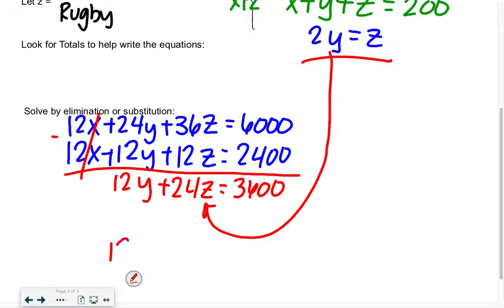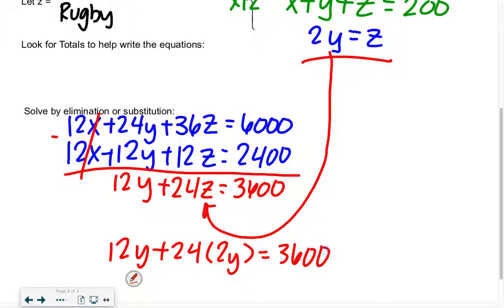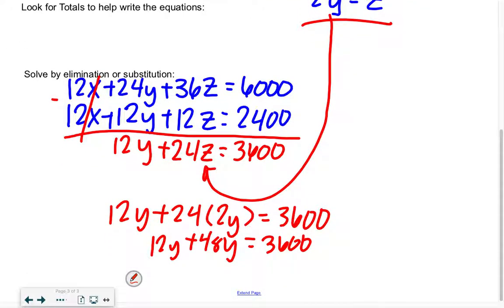So that becomes 12y plus 24 times 2y equals 3,600. So then we do more simplifying. 12y plus 48y equals 3,600. Then we get 60y equals 3,600. And y is how much?